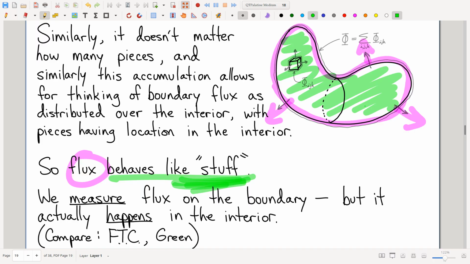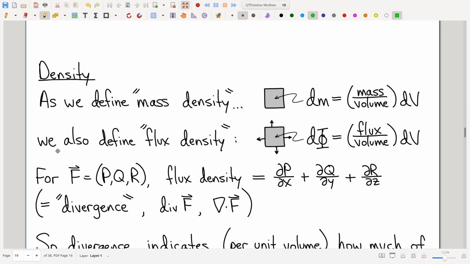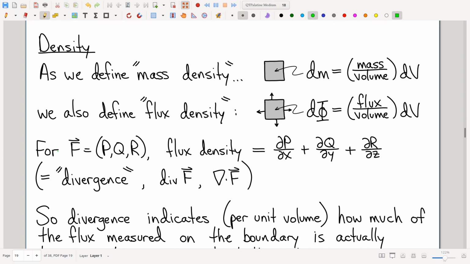So this is how we want to think about flux. Try not to think about flux in this sense. Try to think about flux as being a stuff distributed through the interior. And in that sense, if it is stuff distributed through the interior, you can talk about the resulting density.